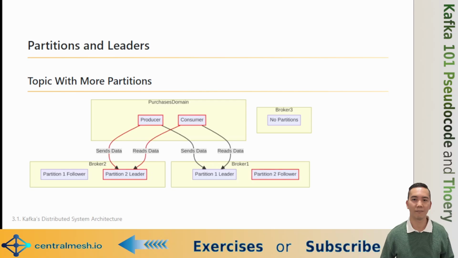In this graph, we are focusing on partition 2. Partition 2 leader resides on broker 2, while the follower is hosted on broker 1. Data flows to and from these brokers through producers and consumers in the purchases domain. When a producer sends data, it first reaches the partition 2 leader on broker 2, ensuring high availability.